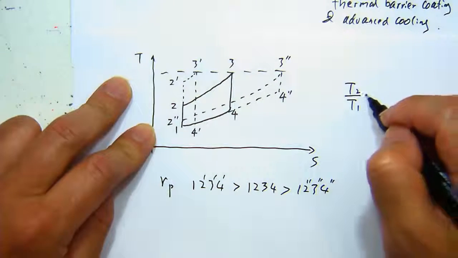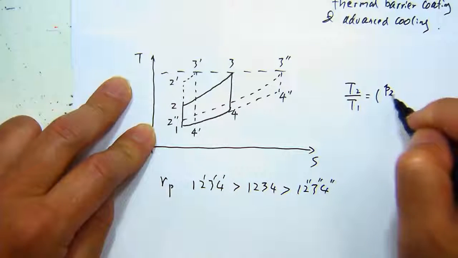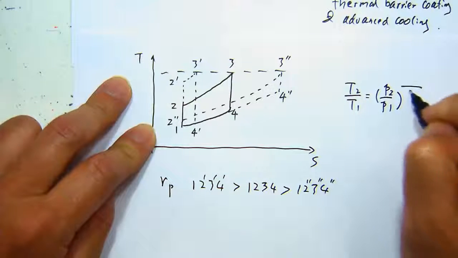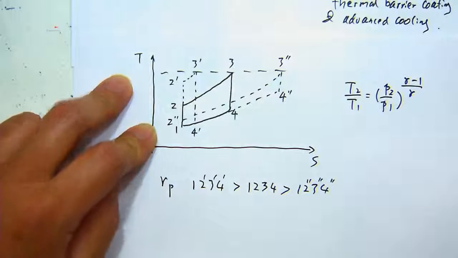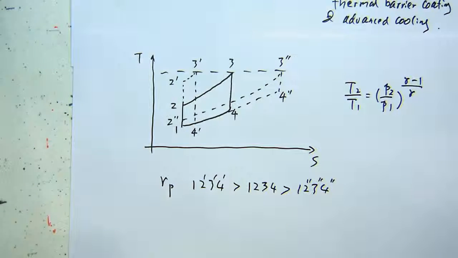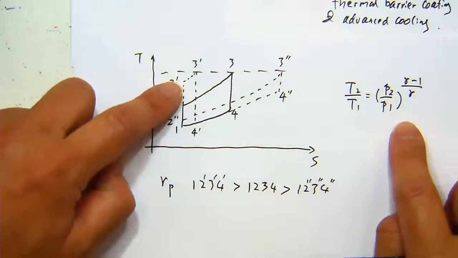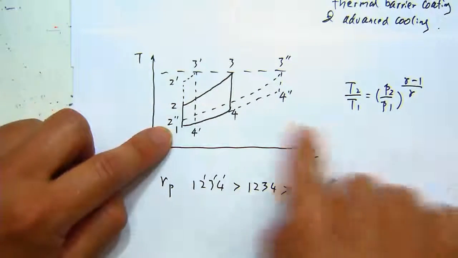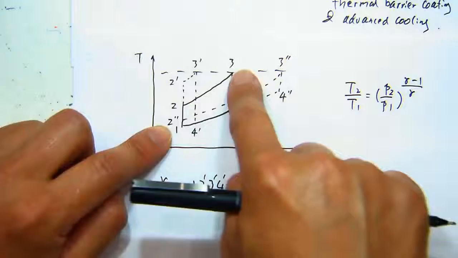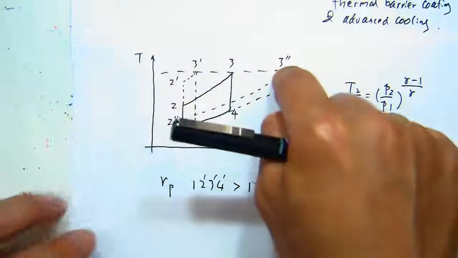A higher temperature ratio corresponds to a higher pressure ratio because they are limited by the isentropic law, right? So that's correct and good. So this case has the intermediate pressure ratio, and this case has the lowest pressure ratio.